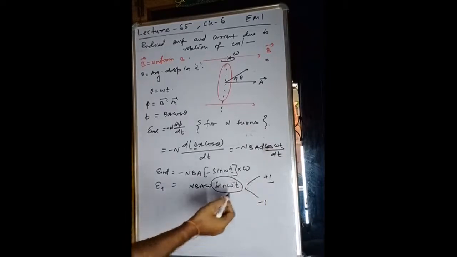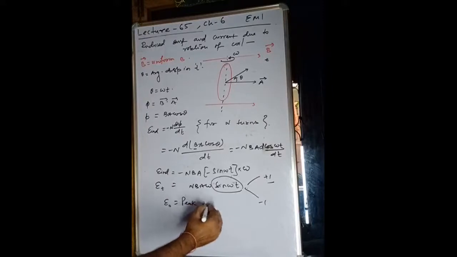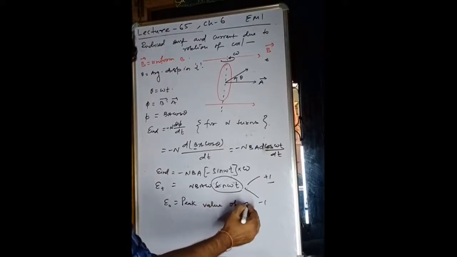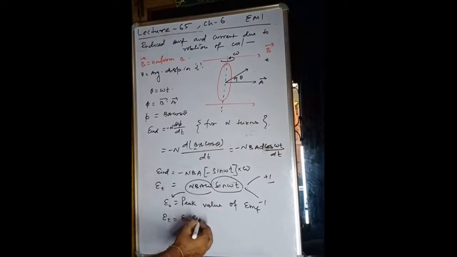Suppose we represent the peak value by E naught, that is the maximum. So E t can be written as E naught sin omega t. My dear students, we will start the next chapter, that is AC, from this equation only. So bear in mind this equation.